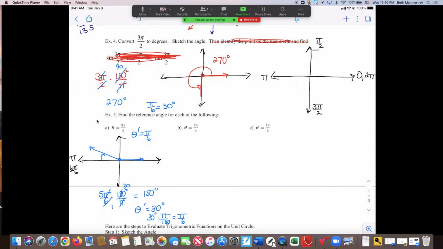So I need to write two more things down up here before we do the next one. You are supposed to know cold that pi over 6 is 30 degrees, pi over 3 is 60 degrees, and pi over 4 is 45 degrees.